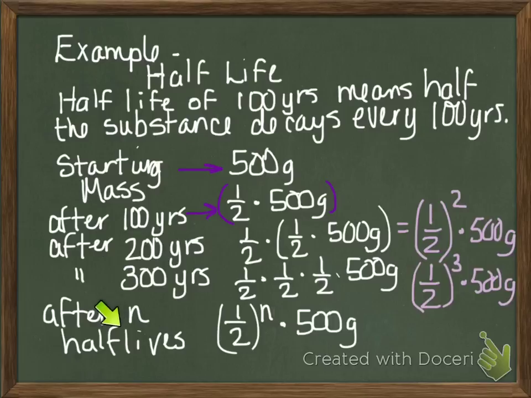So after n half-lives, I would have 1/2 to the n times whatever my starting mass is. That would be the amount of substance that I would have. Okay, so this exponential notation is really useful in this exponential decay, we call it.